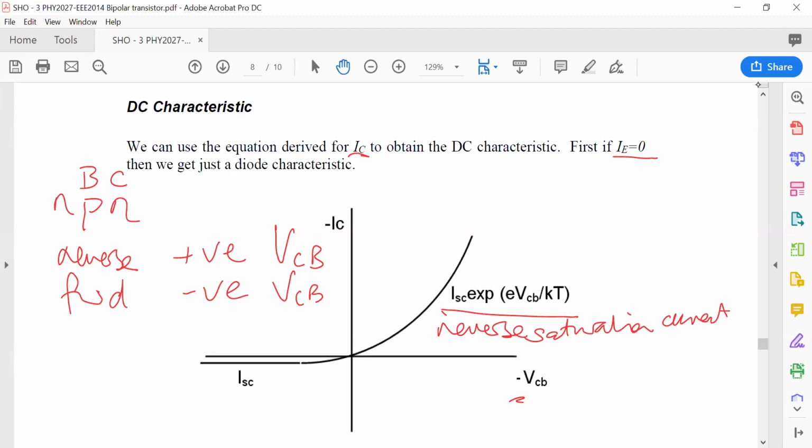Remember, the minus IC comes about from the collector current of electrons being in the opposite direction to the conventional current for an NPN. That's slightly different, but this is called the reverse saturation current, ISC, and the collector base junction, VCB, is going to be negative when the device is on.